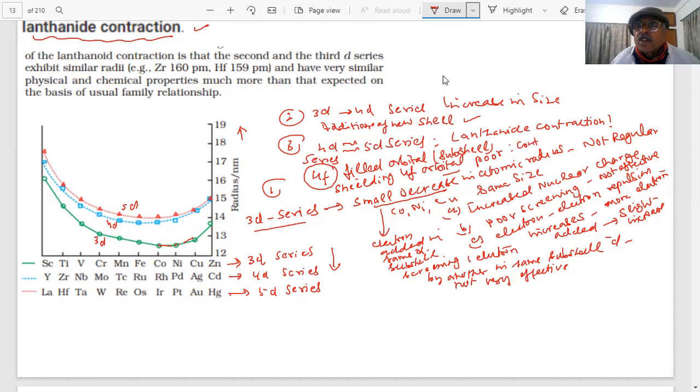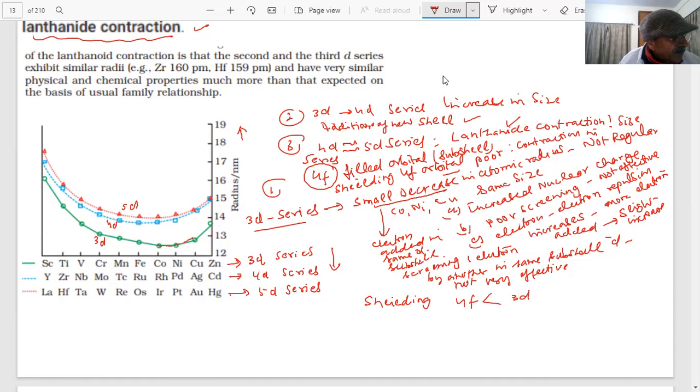This will result in contraction in size. That is what we call lanthanide contraction. Important question for the paper. Due to the completely filled 4f subshell, the shielding by 4f is less than that of the d.